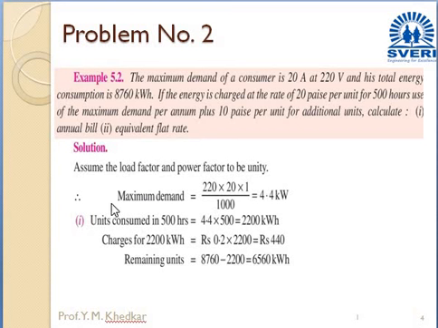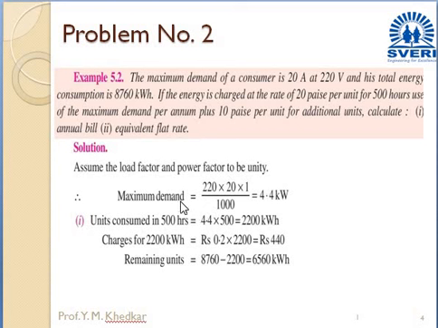Number one, we need to calculate the maximum demand in kilowatt. Okay, so we will take 220 volt multiplied by current multiplied by 1. Why have we taken 1 here? Because we have considered the load factor and power factor as unity.